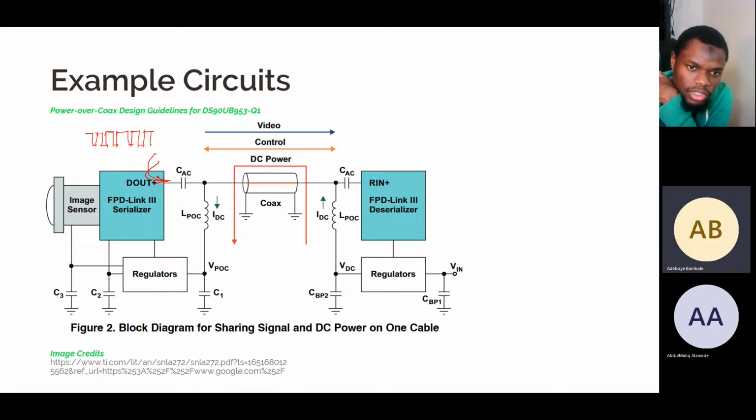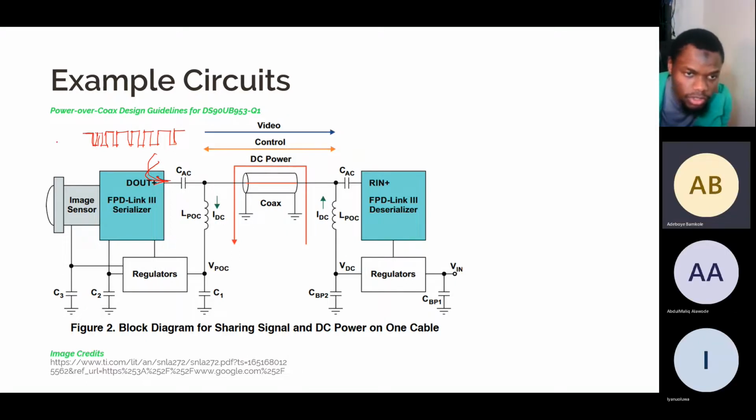So the signal is changing, right? Are you following? Yes, sir. So the signal is constantly changing between, let's say, 5 volts, and this is 5 volts, right? And then this is 0 volts.